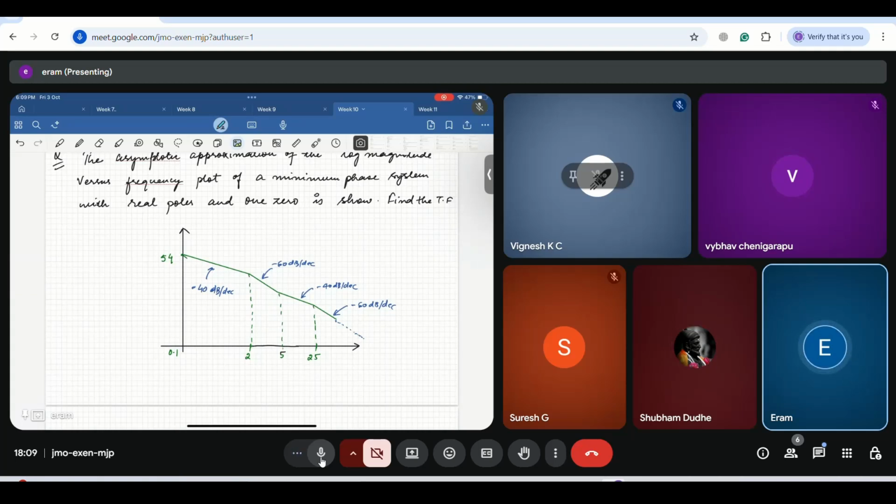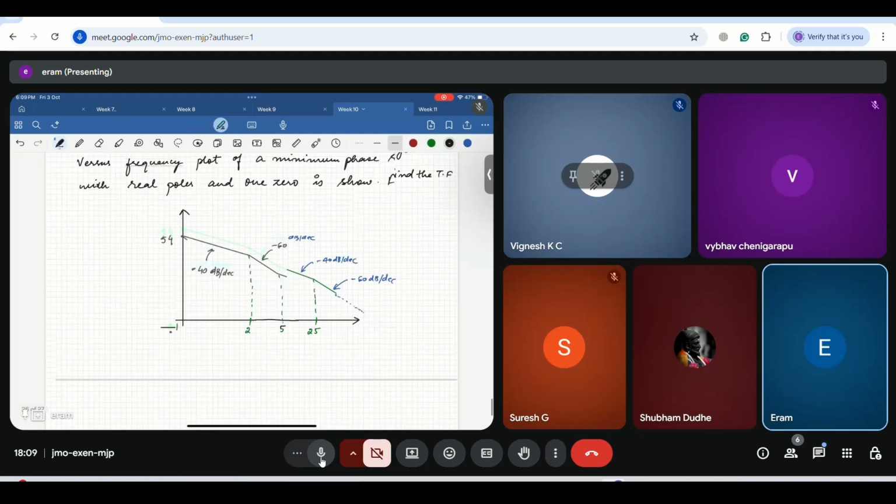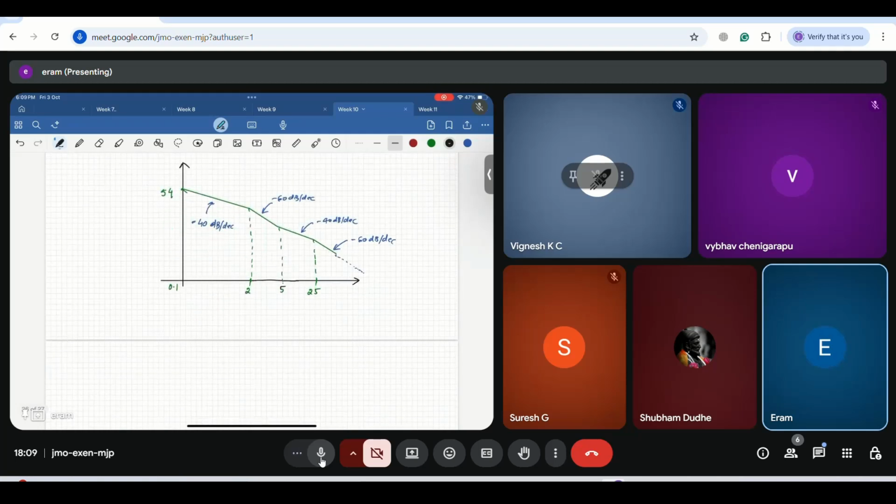Now tell me what are the corner frequencies? The type of transfer function is 2. Let's calculate the corner frequencies.